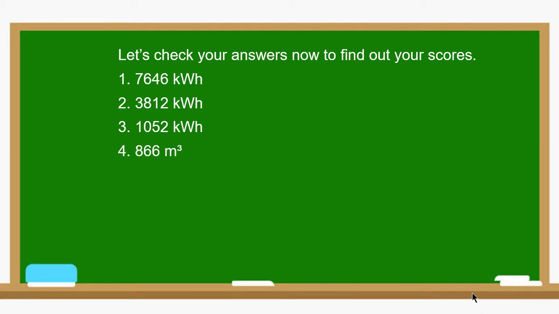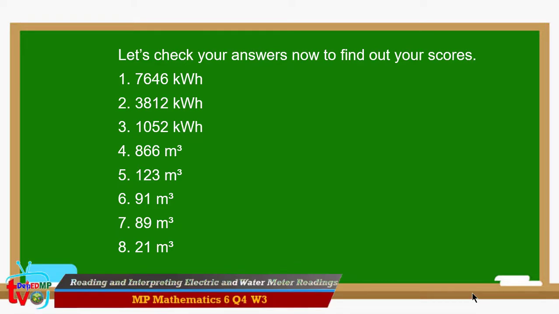Number 4, 866 cubic meters. Number 5, 123 cubic meters. Number 6, 91 cubic meters. Number 7, 89 cubic meters. And number 8, 21 cubic meters.